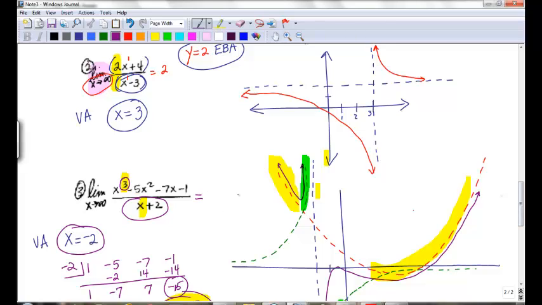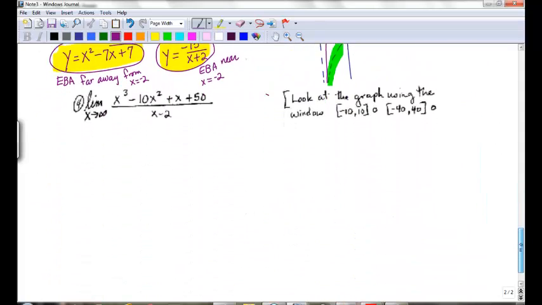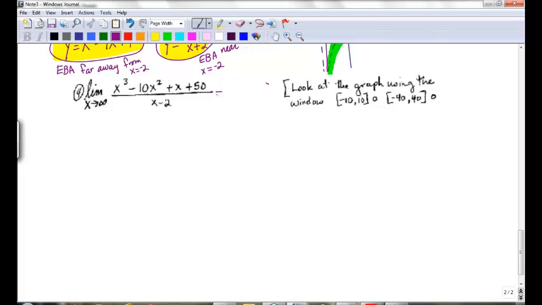As x gets really large, what's this y value going to? Positive infinity. As x gets really small, it's going to positive infinity. So on both of those, you could have said it's going to positive infinity. On this one, it's going to infinity also, and you can tell by the graph.